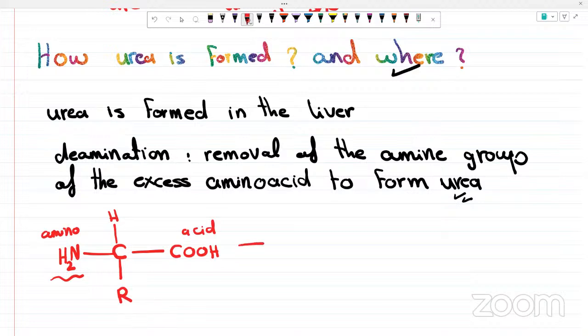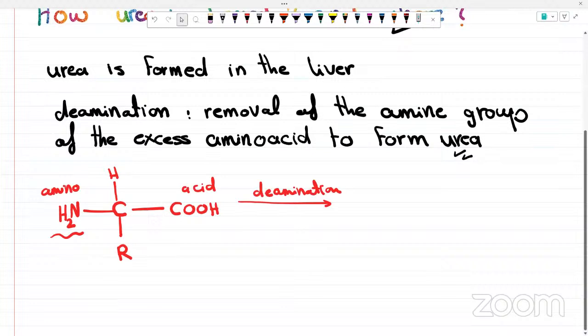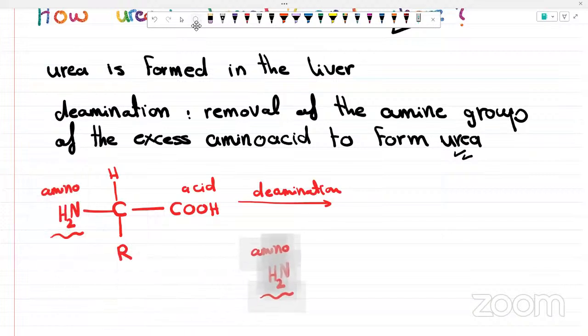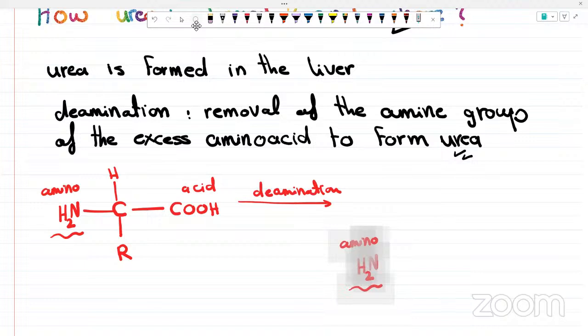So when I say deamination, D means removal, amination, it means the liver removes that amine group. You got my point?